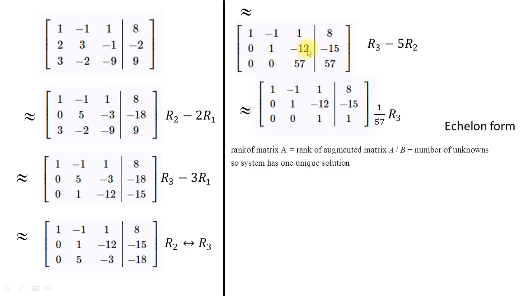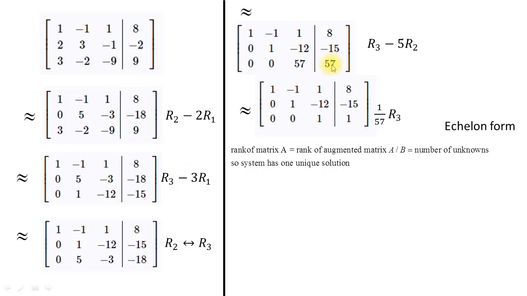These two rows, first row and second row, stay as they are. Now multiplying the second row by 5 and subtracting from R3, we obtain 0, 0, and 5 minus 5 is 0, and similarly 5 times minus 12 is minus 60, and minus 3 minus 60... 5 times 12 is 60, so minus 3 plus 60 is equal to 57, and similarly in this row we obtain 57.